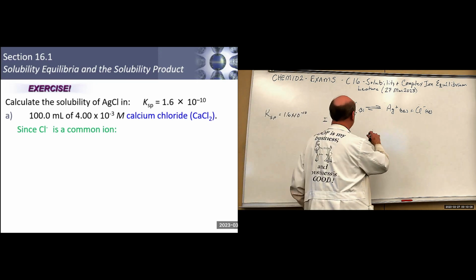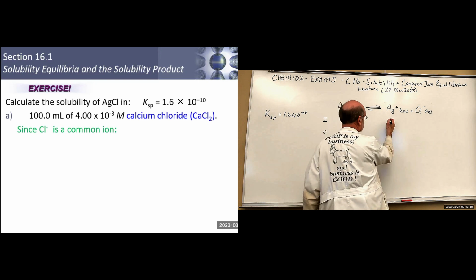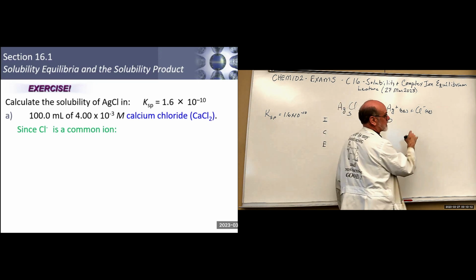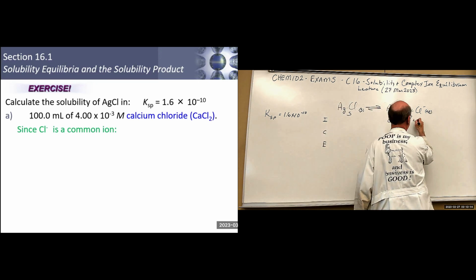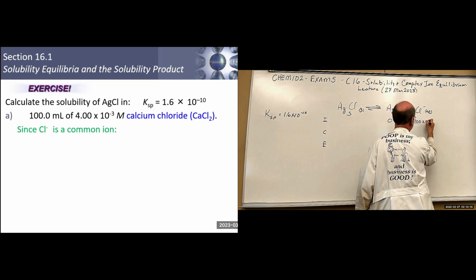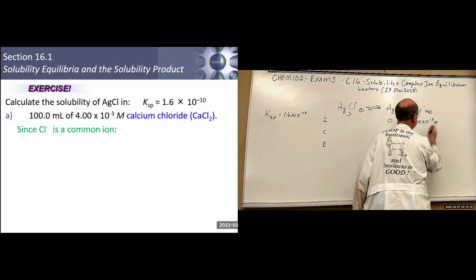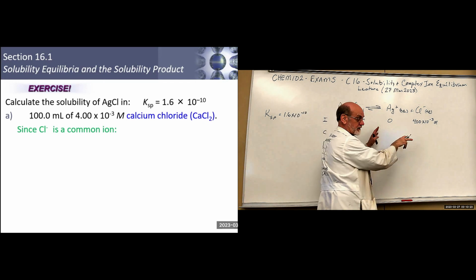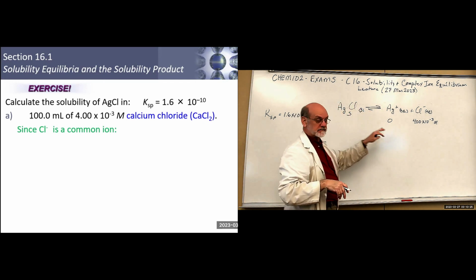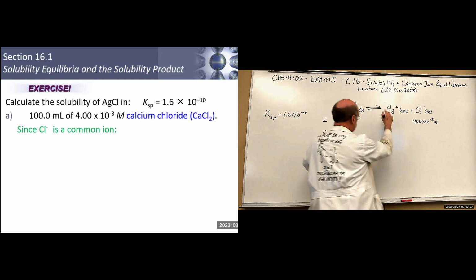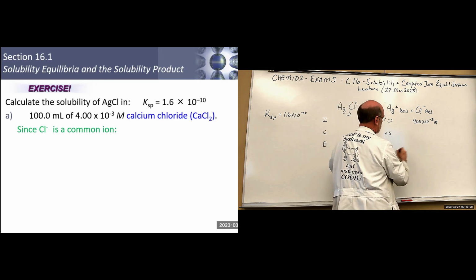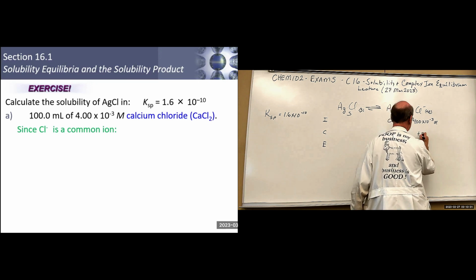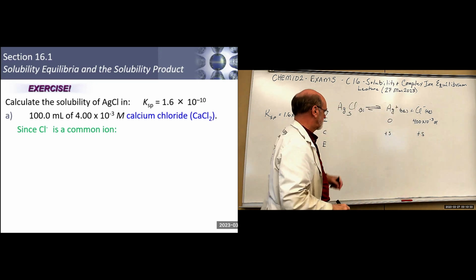So how would we write that? Well, we're starting off with this much here, but we're starting off with 4 times 10 to the minus 3 molar here. So we are definitely moving to the right because there's no silver there. And we're going to get 1 silver here, and we're going to get a chloride here out of that molecule.